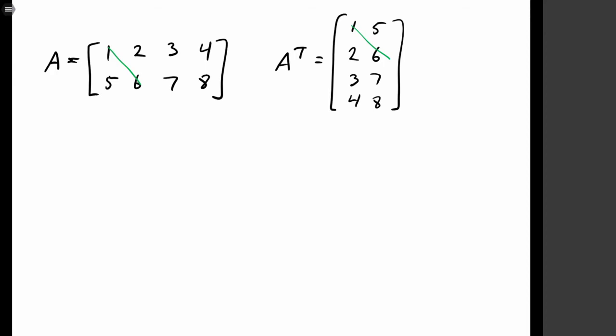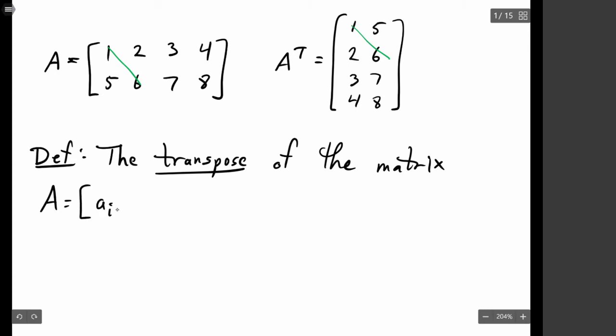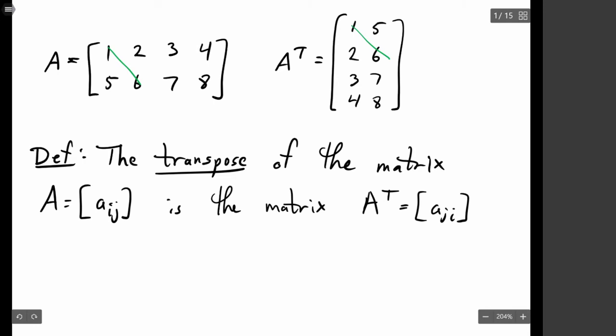So let's give you the actual definition. The transpose of the matrix A equals Aij is the matrix A transpose, and what it is is just Aji.